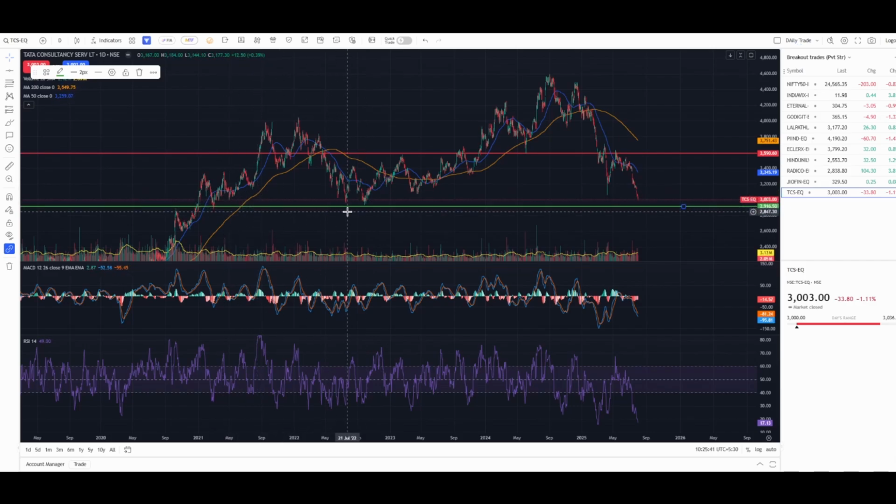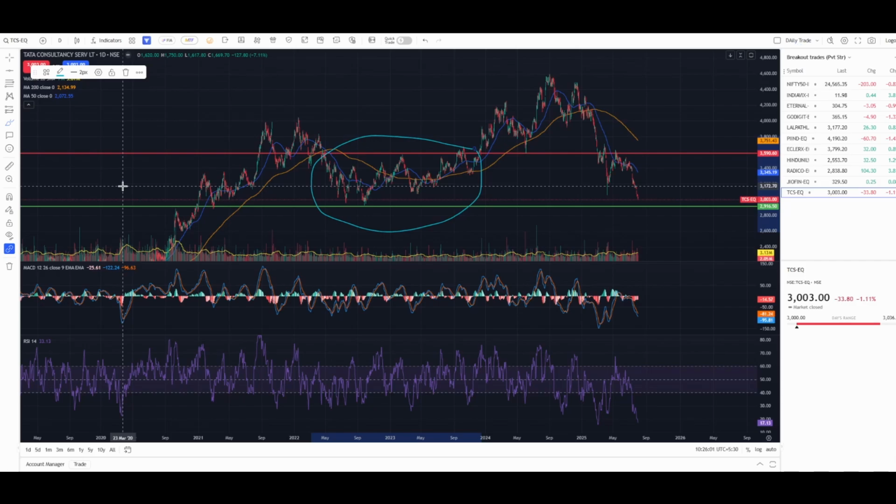Now, this 22, this was a part of the accumulation phase. They were building the market sentiments towards the positive side.